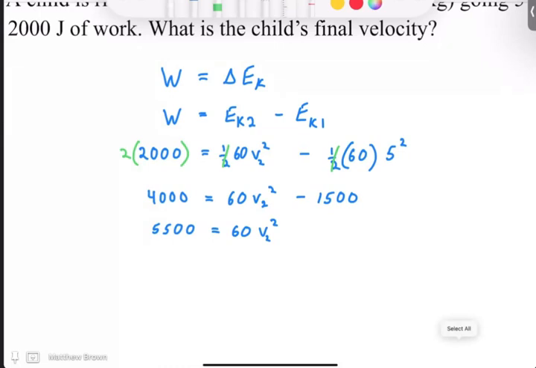Divide both sides by 60 and then take the square root of both sides, which will give me v2 equals 9.57.